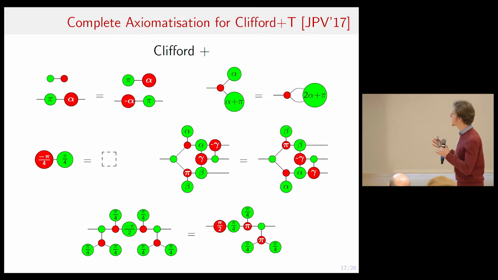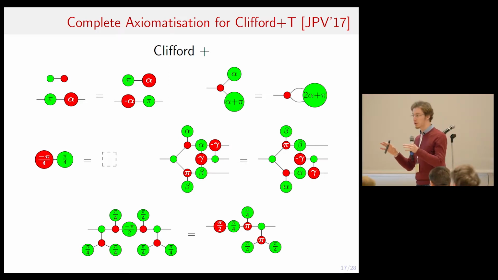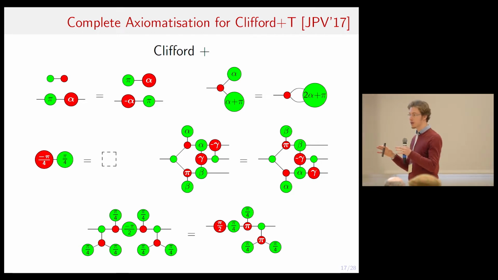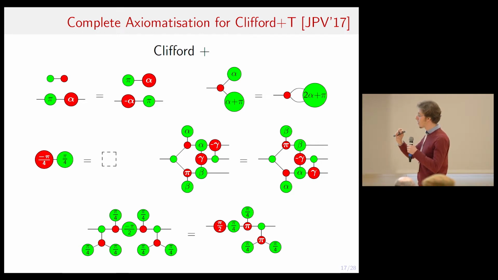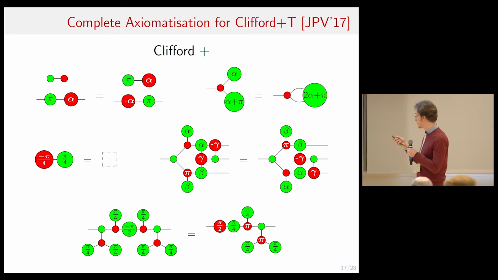So again, that means that if I have two diagrams of the Clifford+T restriction of the ZX calculus, I can turn them into one another using only these rules.